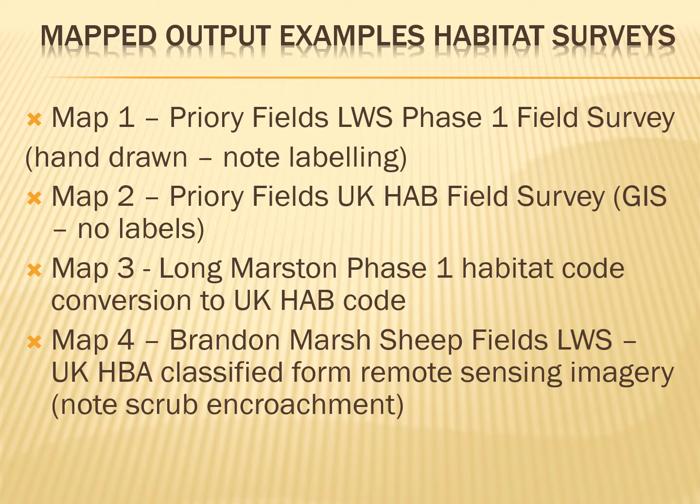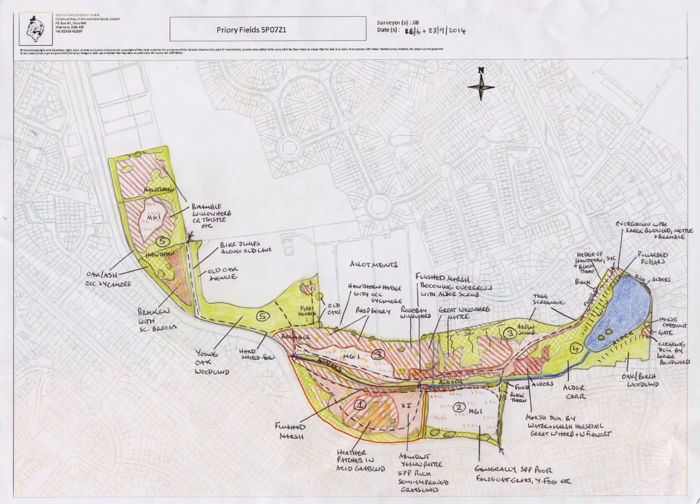And finally, map 3 is the Long Marston phase 1 habitat code conversion to UK habitat. Finally, map 4, Brandon Marsh Sheepfield local wildlife site. This was UK habitat classification using a combination of remote sensing and a field survey to verify the results of the remote sensing.